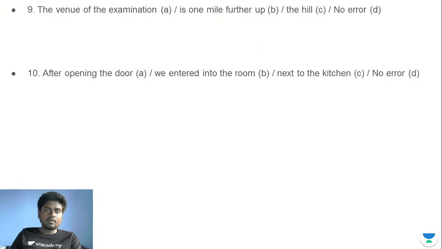Crucial. Come on. Let's go for the ninth one quickly. Tell me the right answer for this. The venue of the examination is 1 mile further up the hill. What's going to be the correct answer? First of all, tell me where exactly the error is.